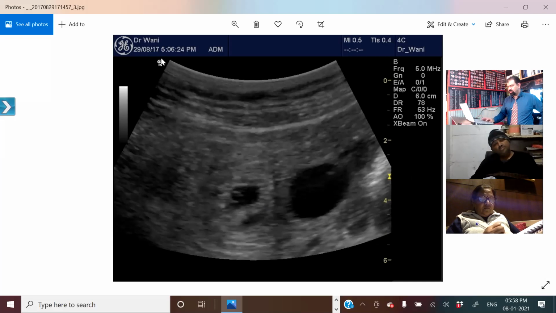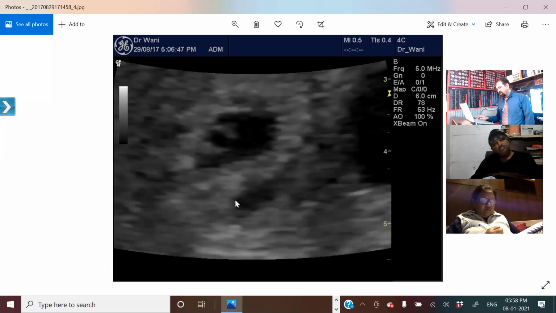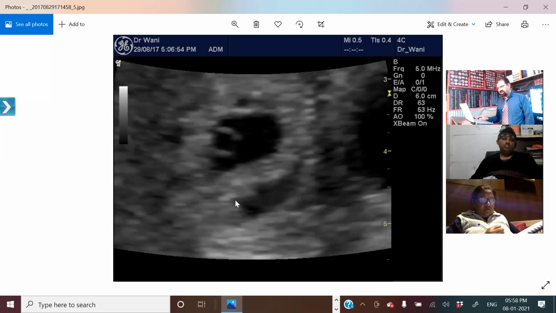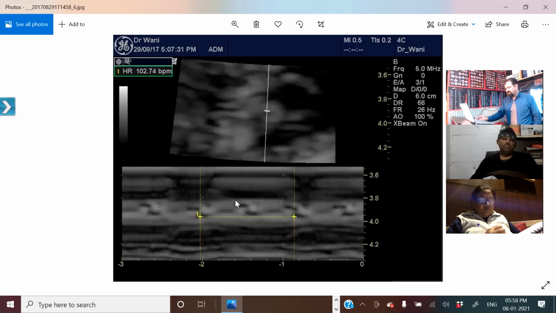Now see, the probe used here is the transabdominal probe. I can even see the yolk sac over here. The yolk sac is confirming that I am not dealing with a cystic structure, but a gestational sac. Zooming the picture shows a very clear, very small embryo, and this is the fetal heart.